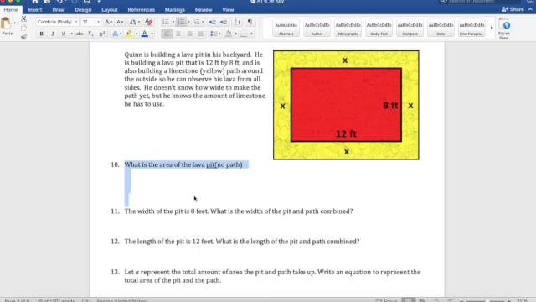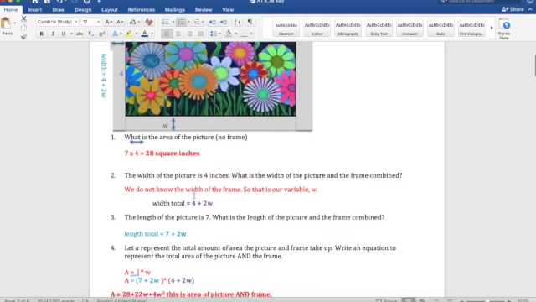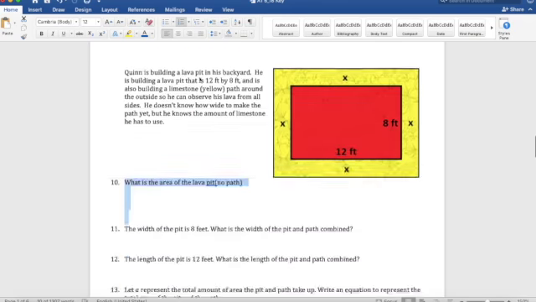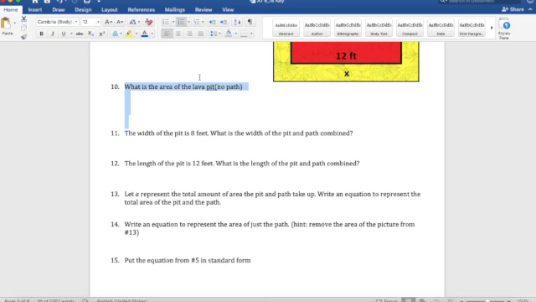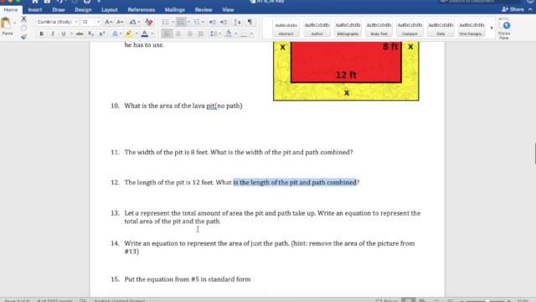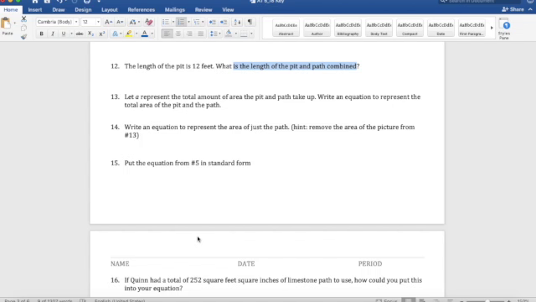What's the area of the lava pit? Versus above, what's the area of the picture? And then we have, what's the width of the pit and path combined? The length of the pit and path combined. It's all just following that stuff from before, all right?